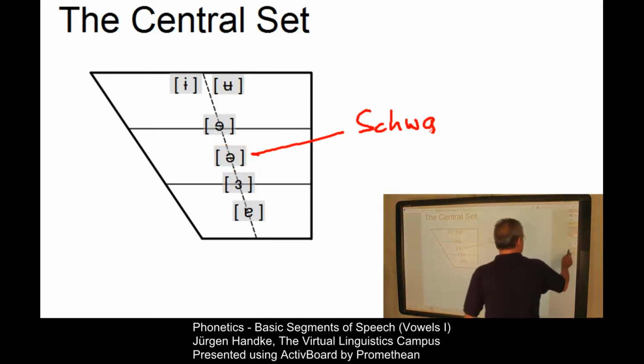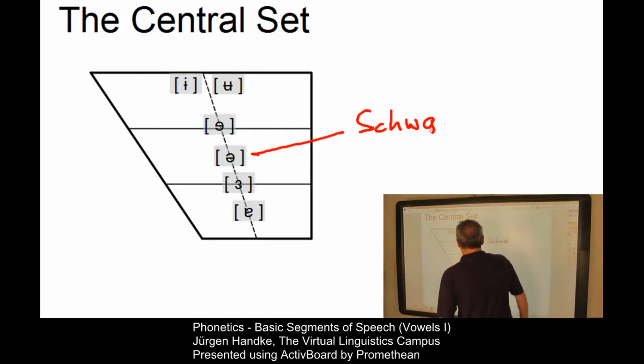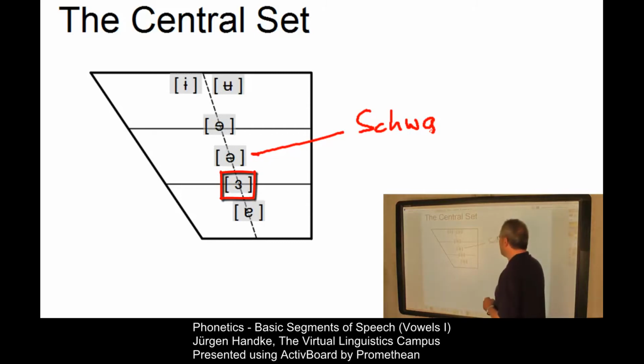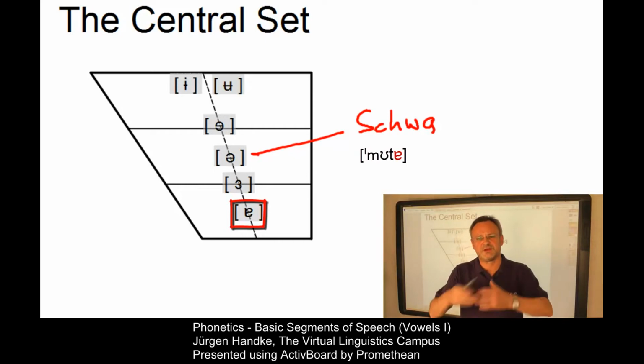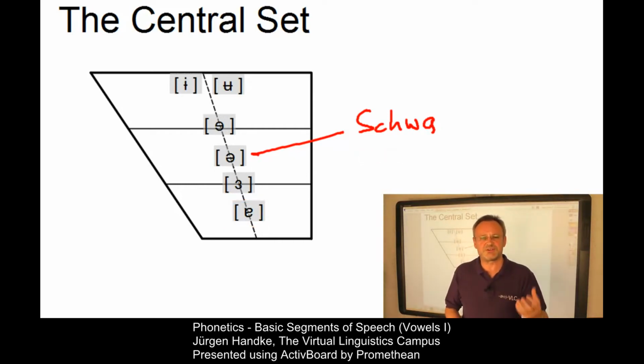Then we have this low, mid-low vowel, and finally the low one would be the vowel a, as in German Mutter. So here we can relate these central vowels already to some existing vowels in some languages of the world.